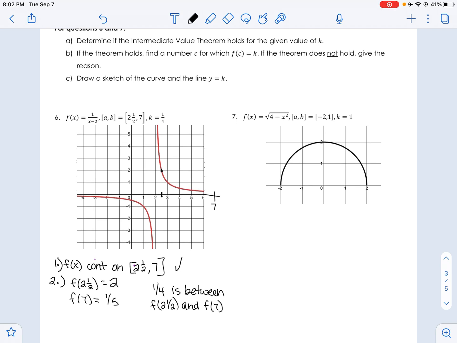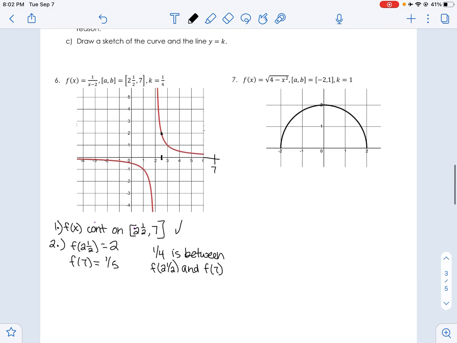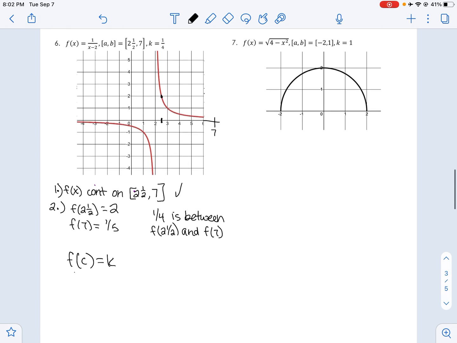If the theorem holds, which it does, find a number c for which f of c equals k. If the theorem does not hold, give a reason. So what we're going to do is we're going to set f of c equal to k. Well, f of c would be if we plugged in c for x. Okay, so f of c equals k, which would look like 1 over c minus 2, which is equal to 1/4.